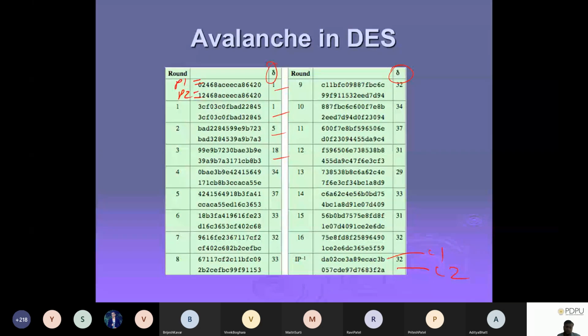That is a property of XOR. So any guess about this delta? I'm asking about the difference. What is the relation between P1, P2, and this delta? For example, this box. Did I get 1 from P1, P2 anyhow?